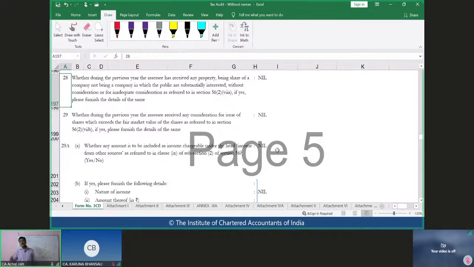So as against the issue of shares, first of all, how can the auditor track it? He can get into the details of all of these shares issued. Against all of those shares issued, the auditor can check by looking at the supporting documents, by looking at the valuation documents, whether the fair market value was in line with the requirements of this provision of the Income Tax Act or not.